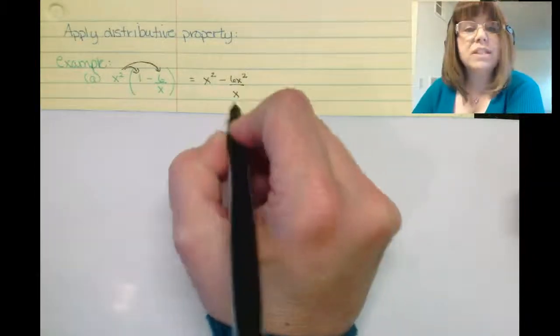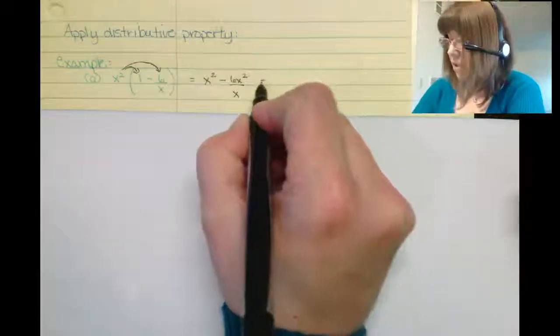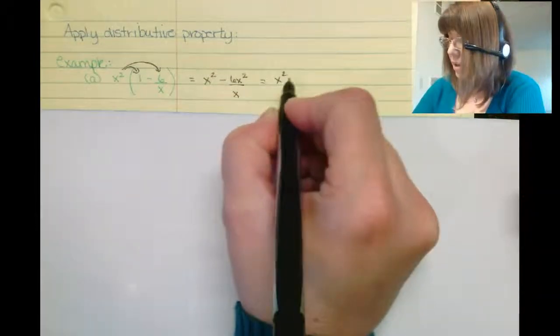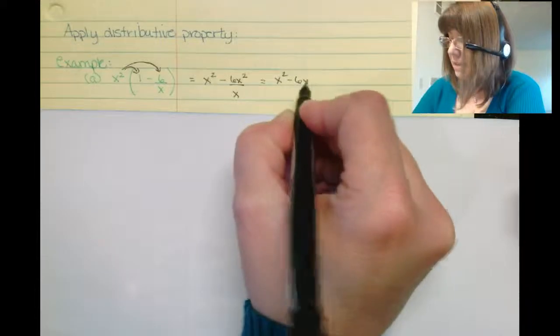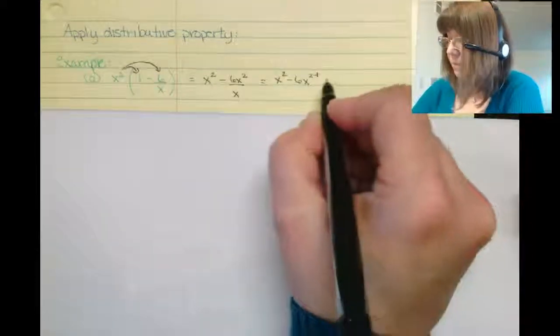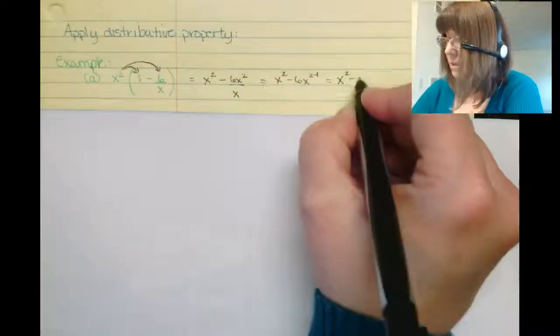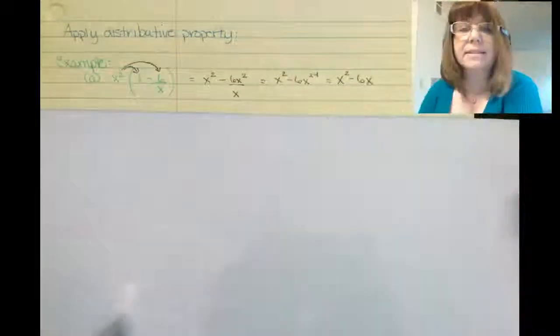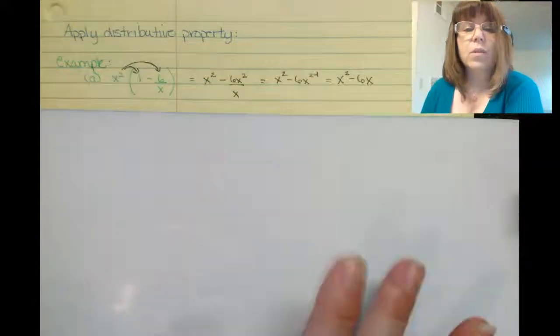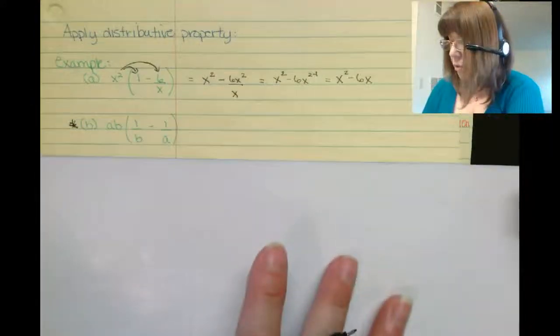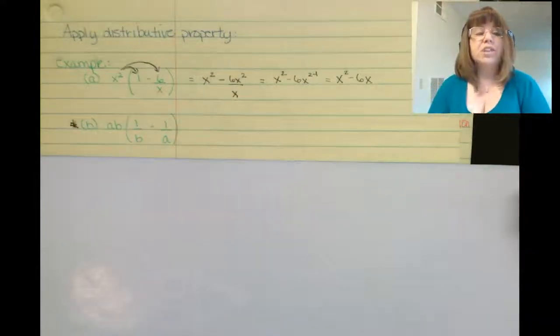But I can reduce the second term to x to the 2 minus 1, leaving me x squared minus 6x.